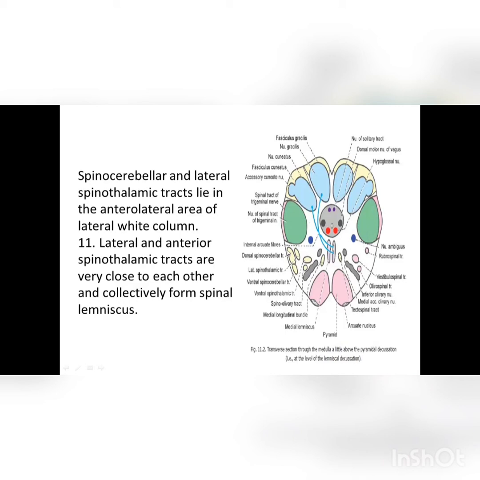So in the lateral white column, we can see the spinocerebellar and lateral spinothalamic tracts. We can make out here, this is the lateral spinothalamic tract, and this is the spinocerebellar tract.